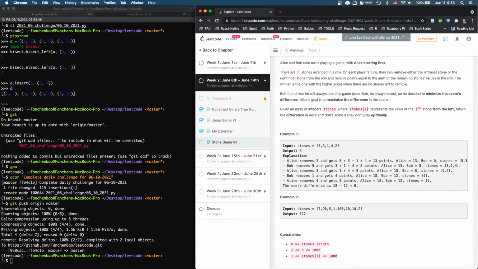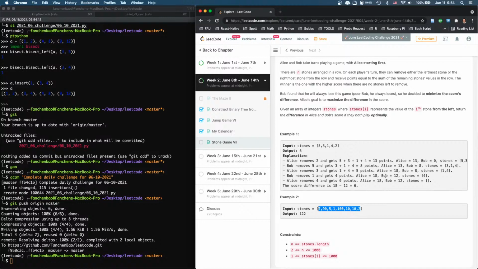And what if we have odd and even, right? With an odd number, Alice will remove the last one. And with an even number, Bob will remove the last one. Let's take a look at this.